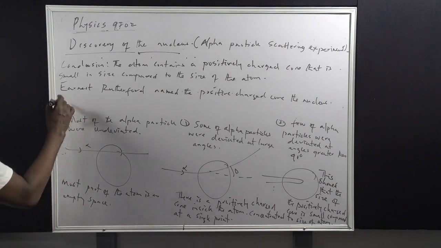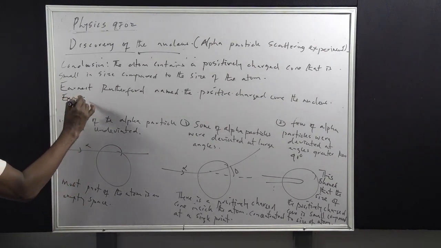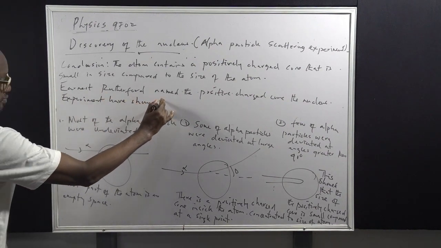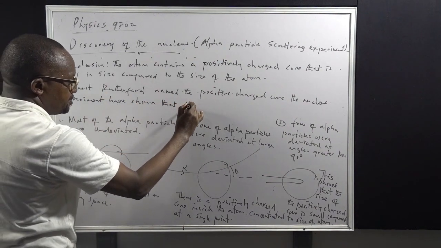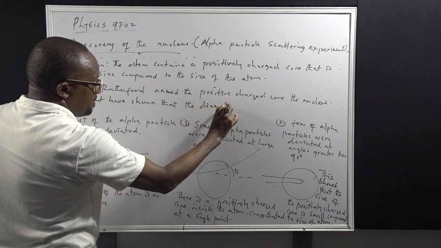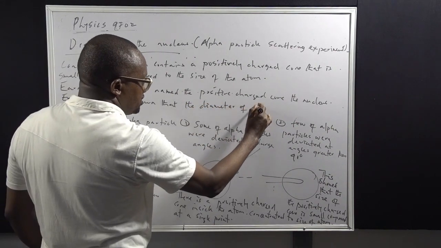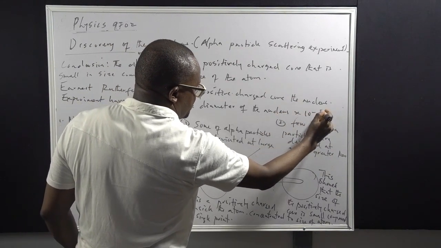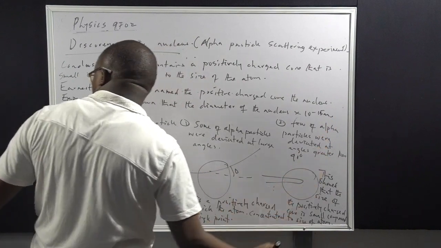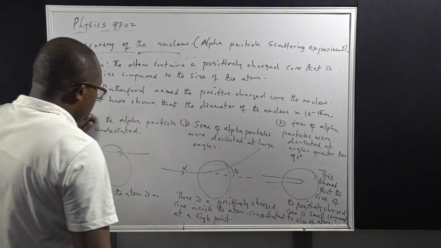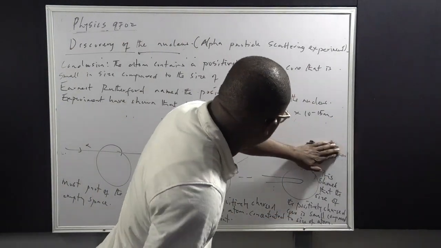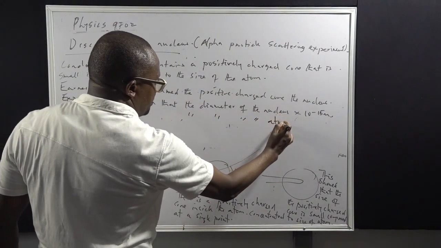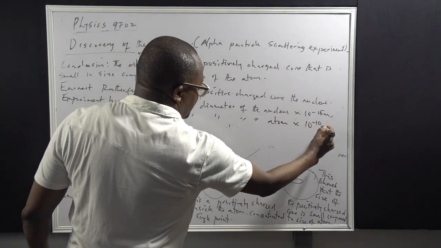So experiments have shown that the diameter of the nucleus is of the order of 10 to the minus 15 meters, while the diameter of the atom is of the order of 10 to the minus 10 meters.